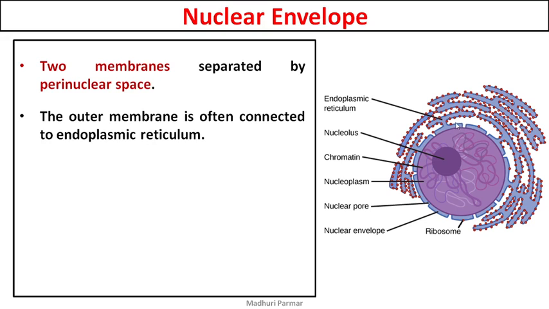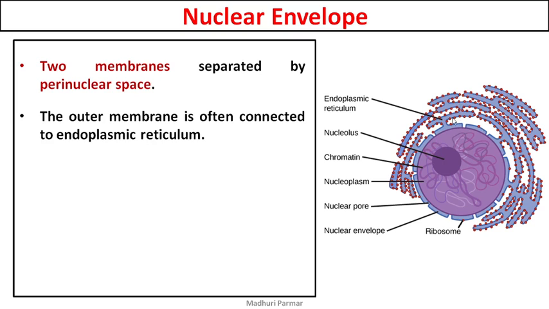For example, the outer membrane will take a U-turn and form the inner membrane, which will again take a U-turn and be connected on all sides, and there will be pores in between. A membrane is the one which is present throughout, equally, while here you can see there are a lot of gaps in between. So it is better to call it nuclear envelope.